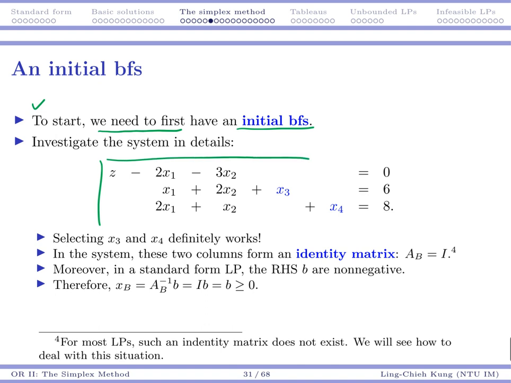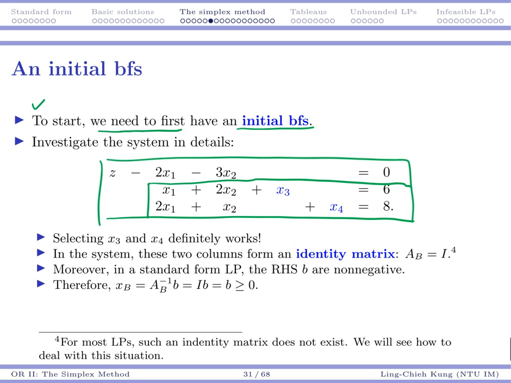If we look at this system again, all we need to do is to select two columns, right? We want to select two columns to make this system solvable. How about this? Let's select x3 and x4.